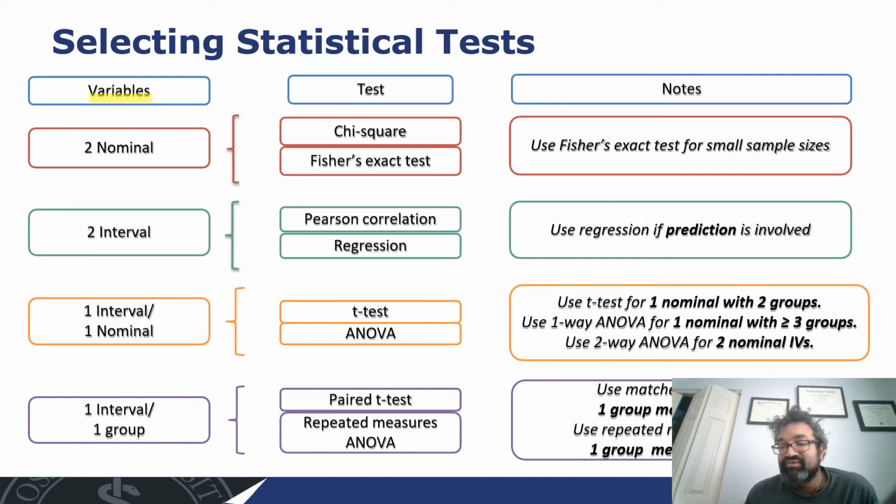And if you have 2 nominal independent variables with an interval outcome, you just use two-way ANOVA. If you have repeated measures, more than one point in time, then you can use the paired t-test or repeated measures ANOVA.